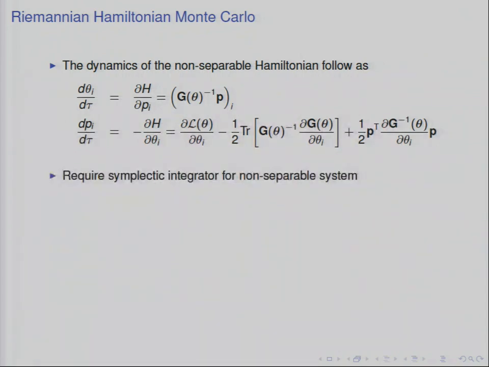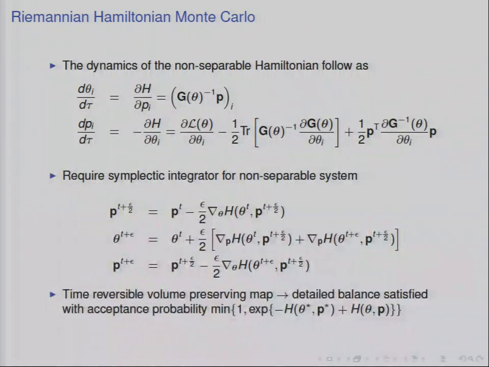So we need a symplectic integrator for this non-separable system. And it turns out that the very nice Stormer-Verlet method that we employed previously cannot be used, because that is developed on the basis that the Hamiltonian is completely separable. So to cut a very long story short, we define an integrator which is in actual fact semi-explicit.